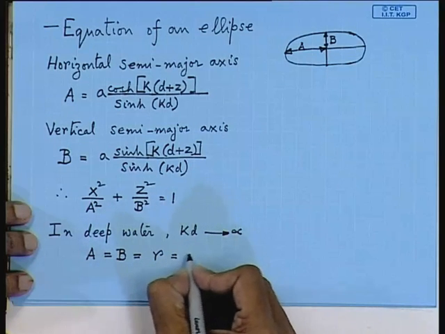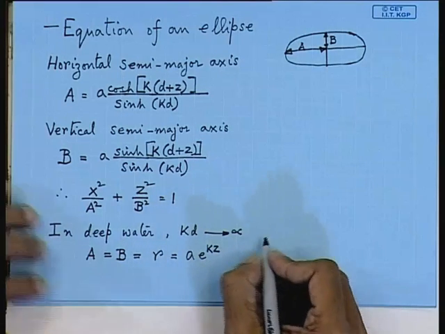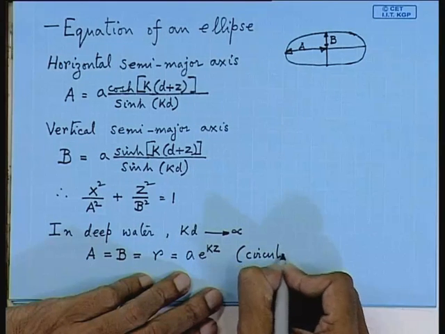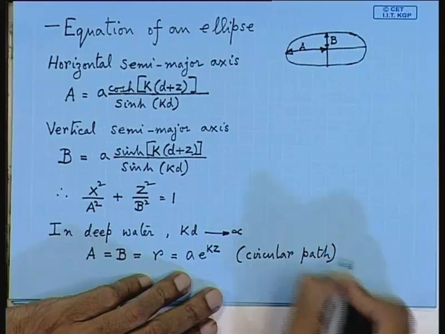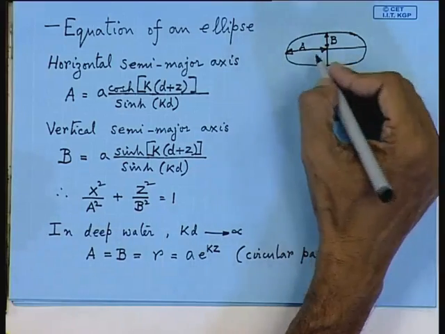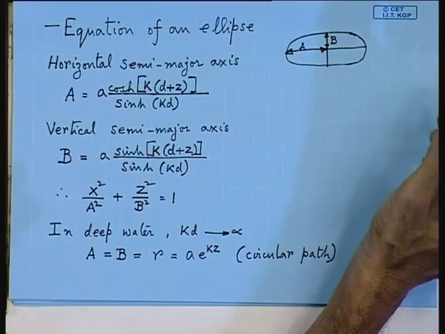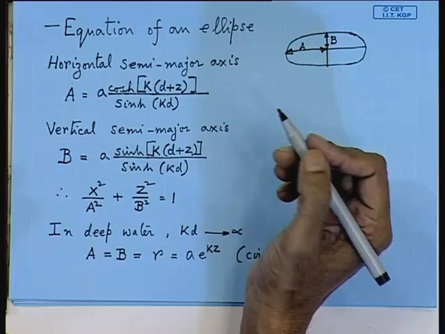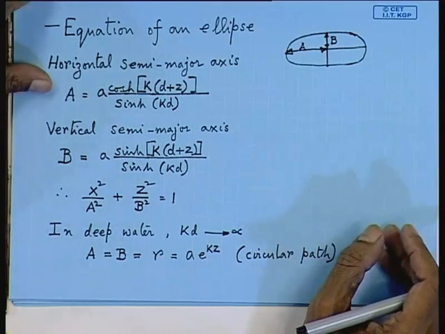So, this will be A e raised to the power k z. So, you write circular path. Obviously, in the ellipse, if A is equal to B, you will get a circle, is it not? So, in deep water we are getting a circular path. The hyperbolic terms are reducing to e raised to the power k z. So, that is what is happening.